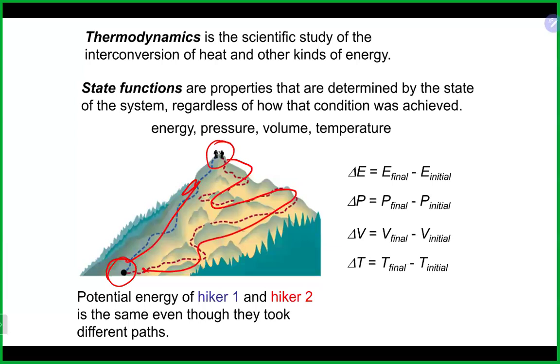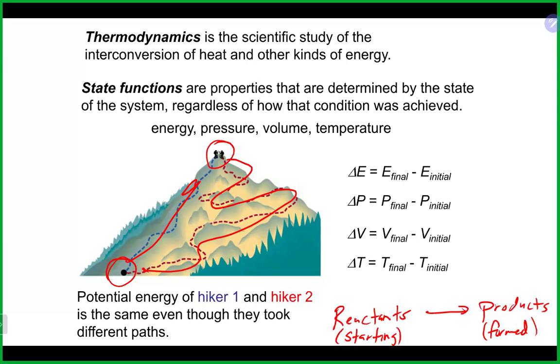The importance of that is, when we look at a chemical reaction, we have our reactants that go to our products. The book assumes we've already talked about this since this is chapter 10. Our reactants are our starting material, and our products are what are formed as a result of the chemical reaction.